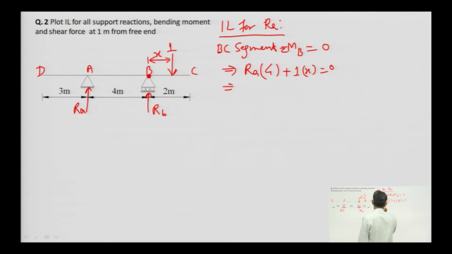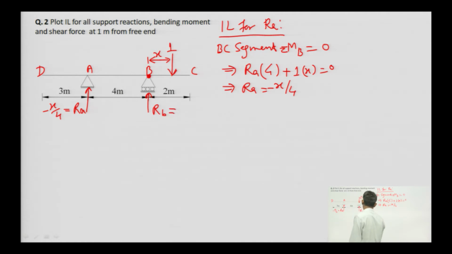So, the value of RA is equal to minus x by 4.